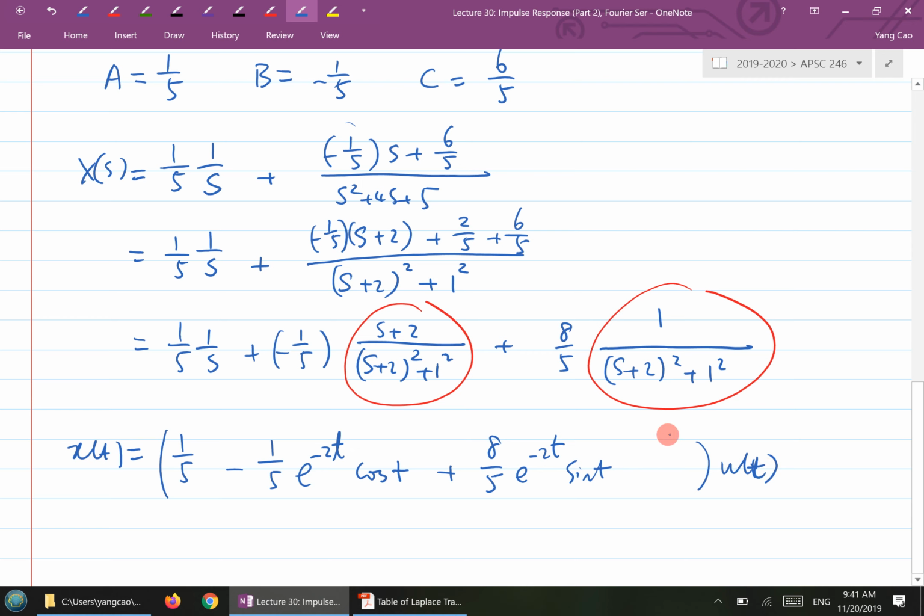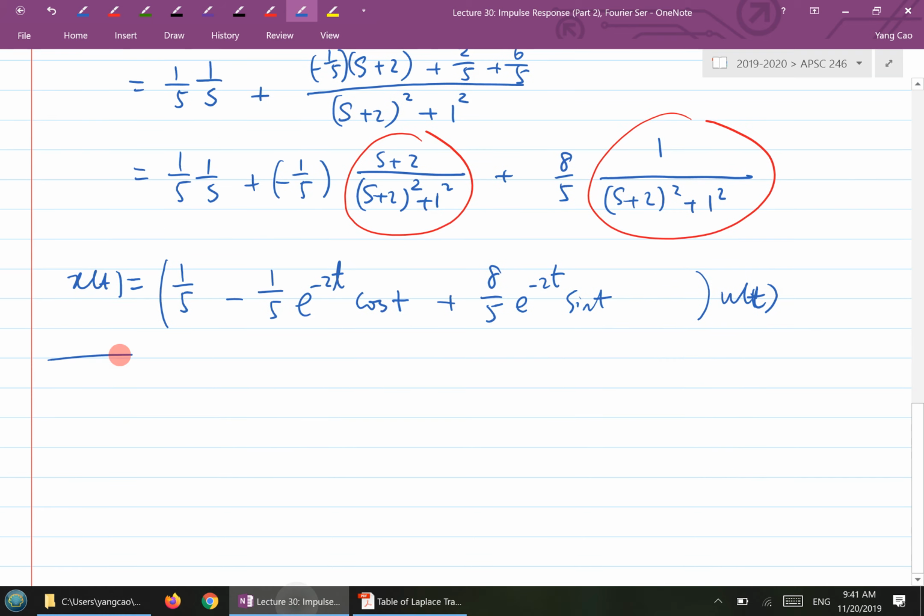The third part of the question is when the input is actually a specific input, not an impulse anymore, and how you get the actual output based on the techniques of solving through the Laplace transform. So that's that example. I have one more topic to finish, which is more of a review of this one, more of connecting the dots.